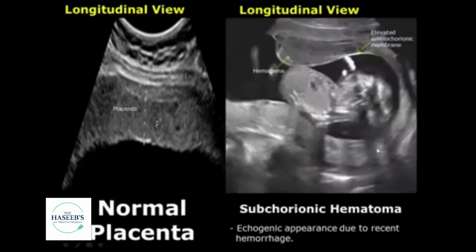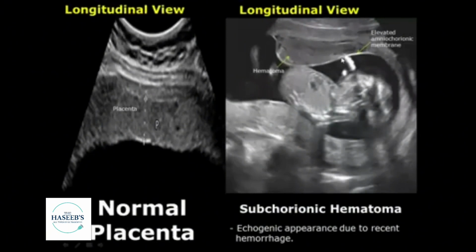A subchorionic hematoma can resemble a placenta as the bleeding occurs below the chorionic layer. It elevates the amniochorionic membranes, but they have one distinguishing feature, that is this hyperechoic line. This line is of the amniochorionic membrane.